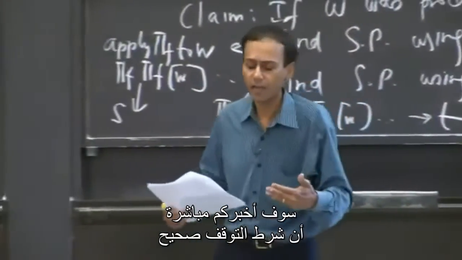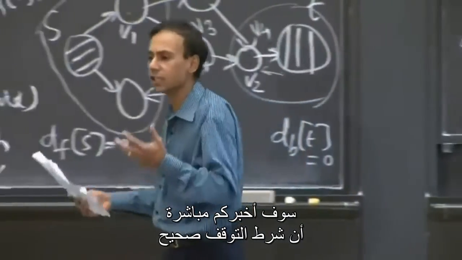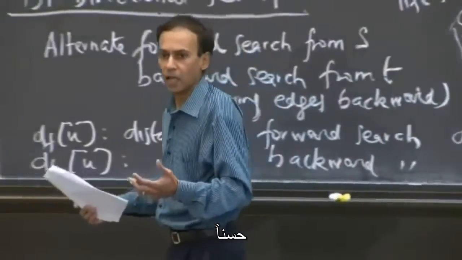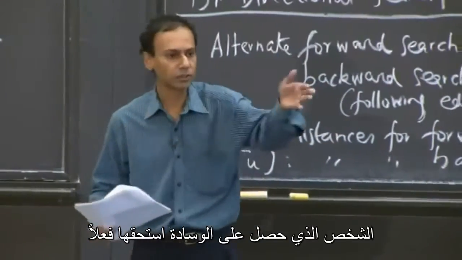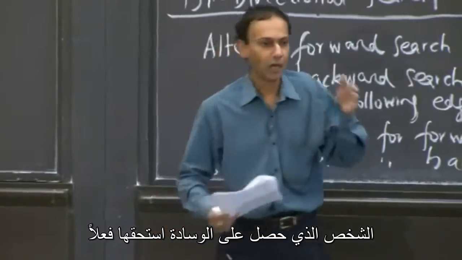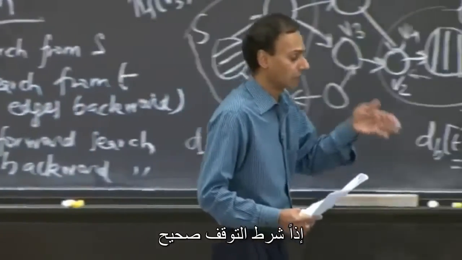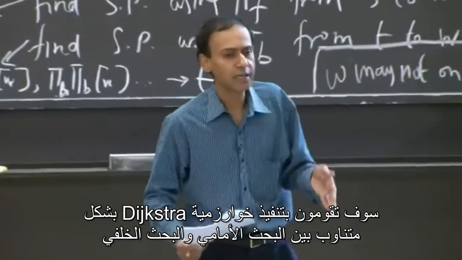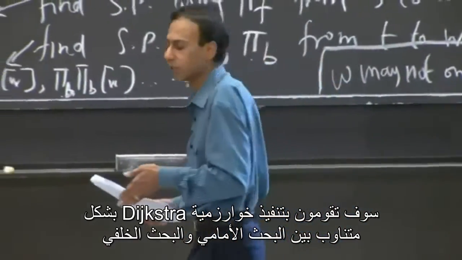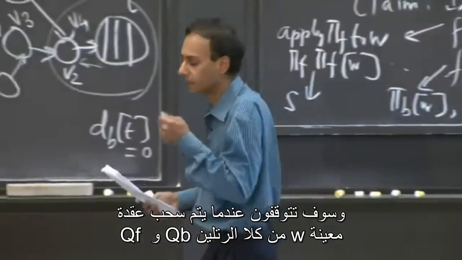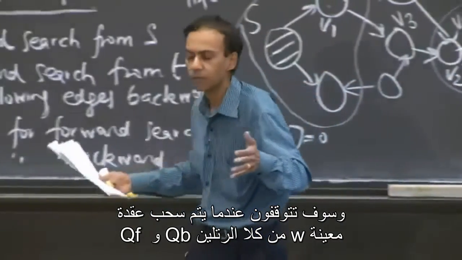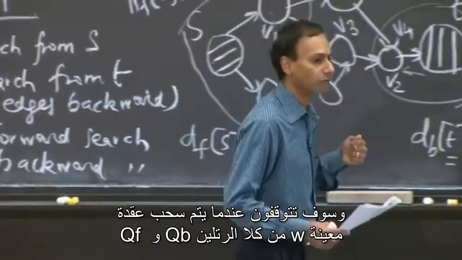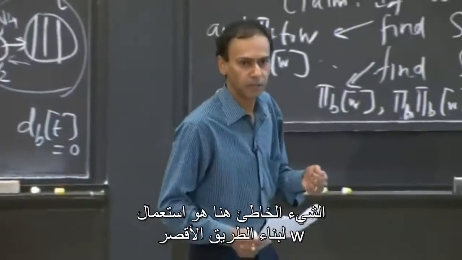So I will tell you right away that the termination condition is correct, okay? And so the guy who got the cushion, deserved the cushion, okay? So the termination condition is correct. You are going to run Dijkstra, alternate forward search and backward search, and you're going to terminate when a particular vertex, call it W, is going to get pulled out from both QF and QB, all right?